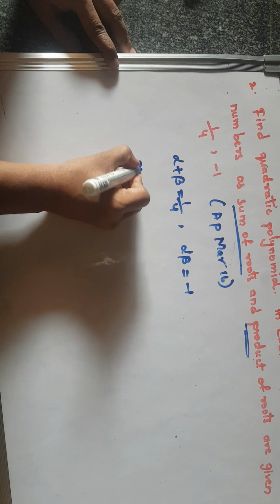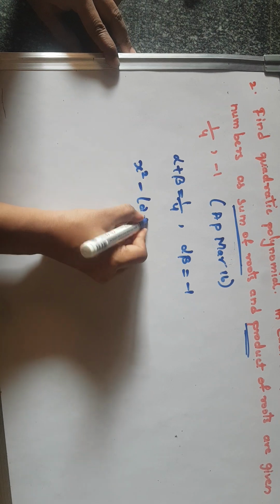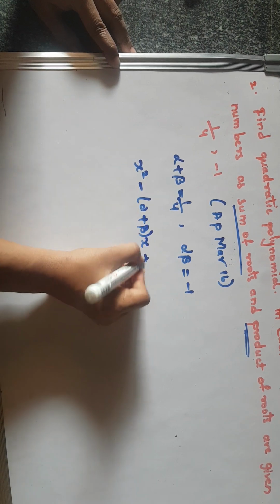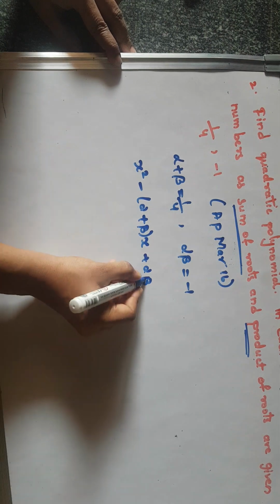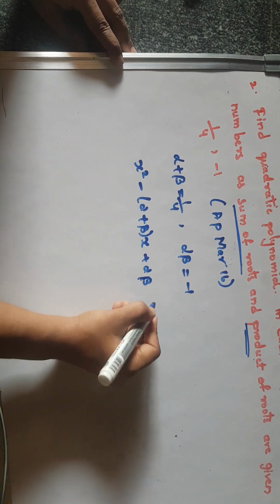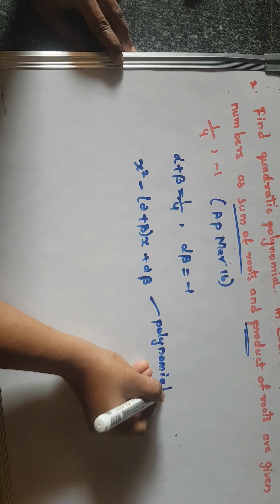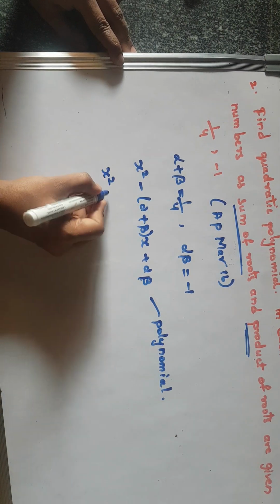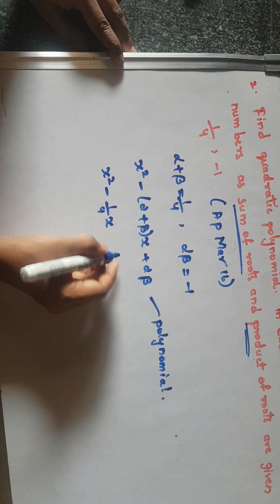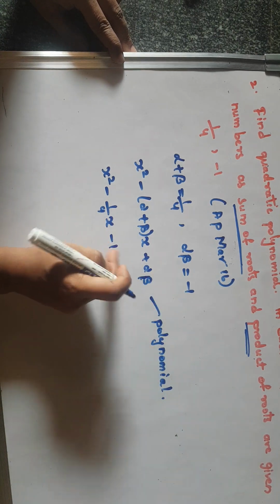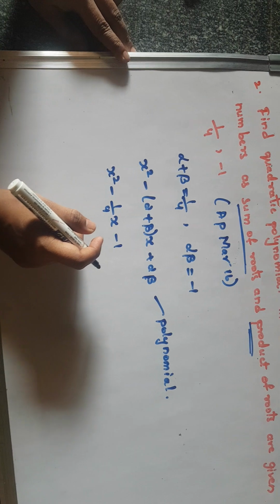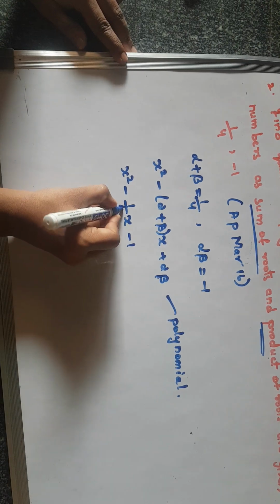So we can write x square minus alpha plus beta into x plus alpha into beta. This is the polynomial. So x square minus 1 by 4 into x minus 1. Here it is plus, but the value is minus 1.